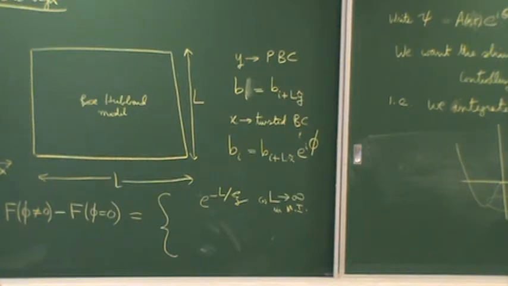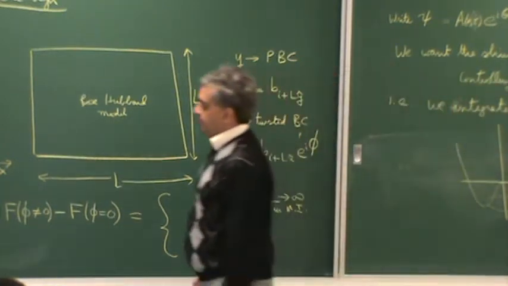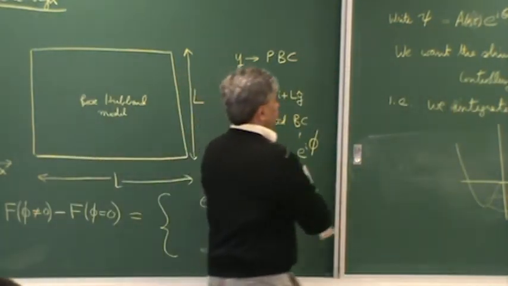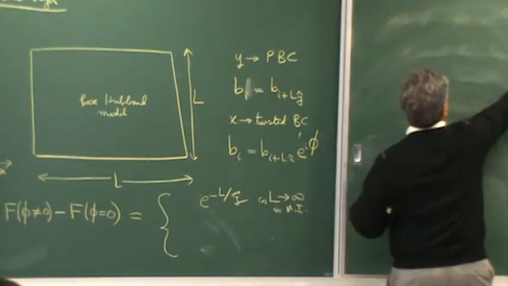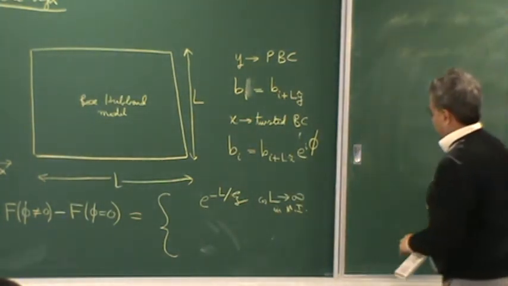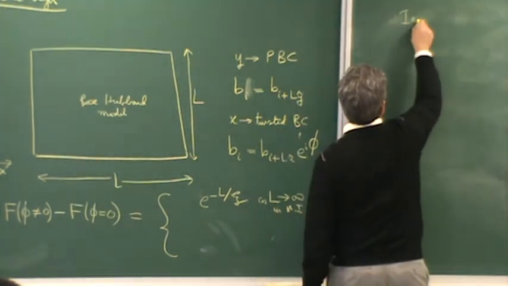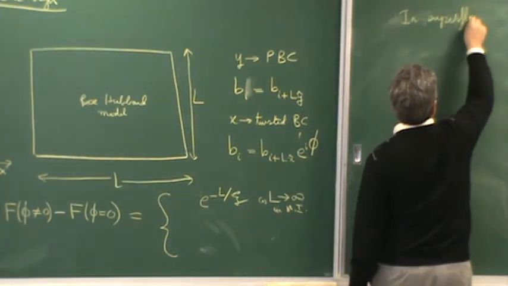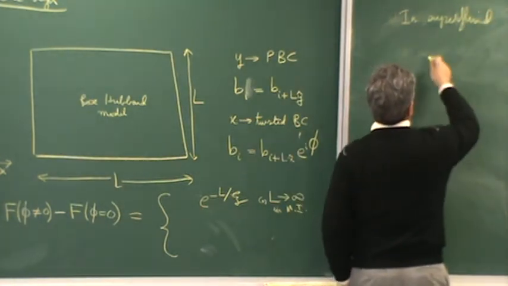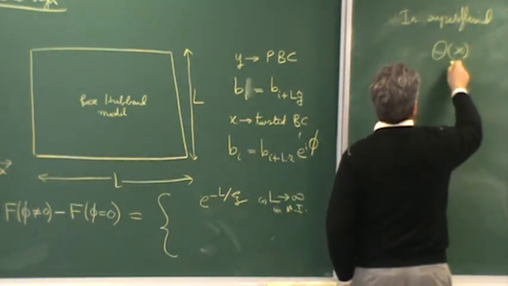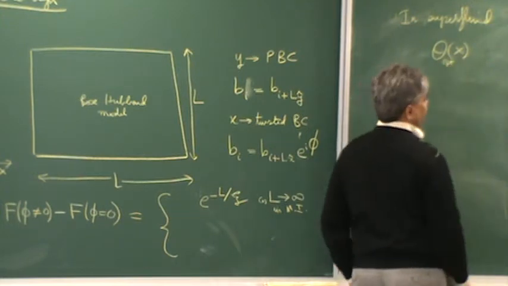So here, if I take θ and I put a twist in θ from one end to the other, well, θ can take any value it wants. But clearly the best thing for θ to do to minimize this energy is to go slowly and linearly from one boundary to the other. So in the superfluid, θ is going to be a function of x, so θ optimal. θ is not just going to be constant everywhere.